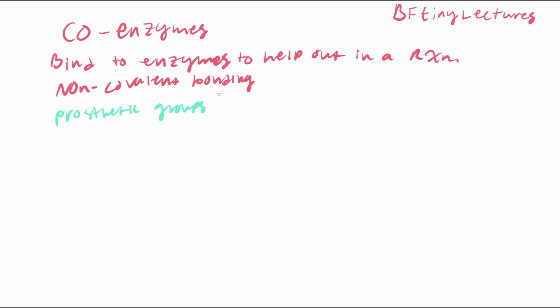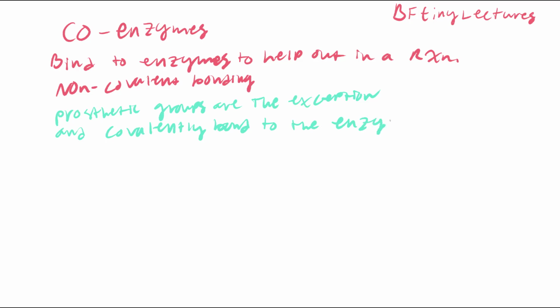They could be metals that covalently bond to the enzyme. Prosthetic groups are the exception, and they covalently bond to the enzyme. Okay, so prosthetic groups are also coenzymes, okay?